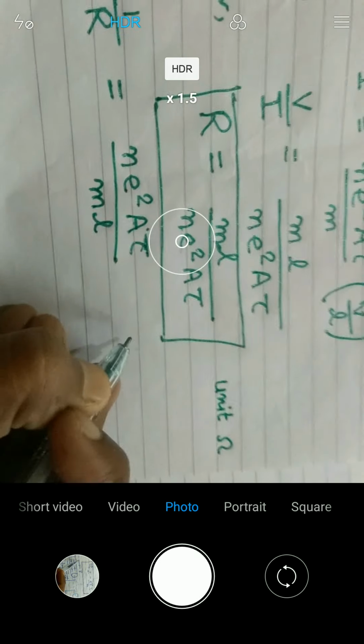Again you know, the resistance of a wire is written as ρL by A.